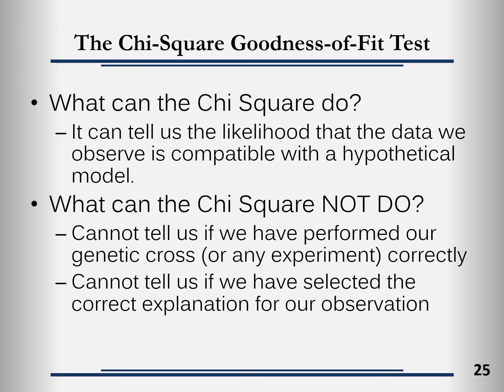What does the chi-square do for us as a test? What it will tell us is the likelihood that the data we observe is compatible with our hypothetical model. But it's important to also recognize what the chi-square cannot tell us. It will not tell us whether or not we have performed our experiment correctly. It will not tell us whether or not our explanation for what we have observed is correct.